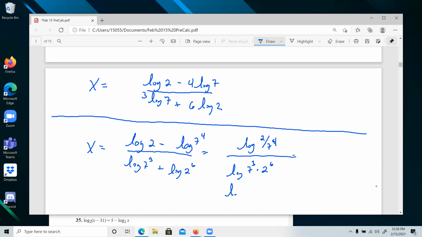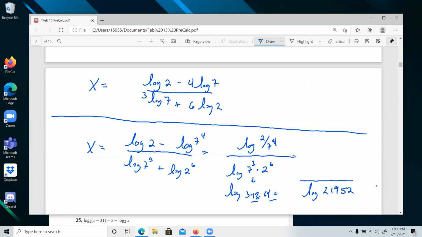So this is going to be log 64. 7 cubed, 7 raised to the 3rd power, looks like 343. And then log of 343 times 64. We're just going to do this arithmetic here, and I got log of 21,952. All right, that's on the bottom.